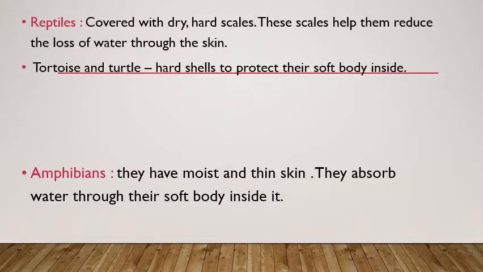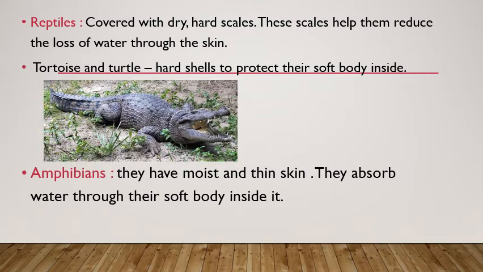Next is about reptiles. They are covered with dry hard scales, and these scales help them reduce the loss of water through the skin. Tortoise and turtle have a hard shell to protect their soft body inside. One example for reptile is the crocodile on your screen. Crocodile has very dry and hard scales.